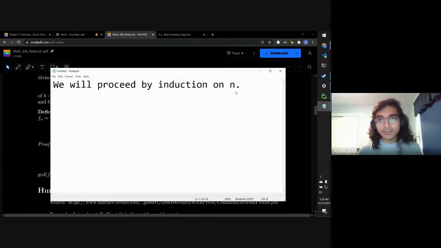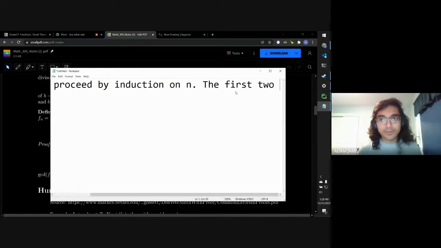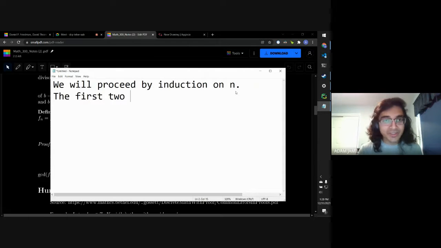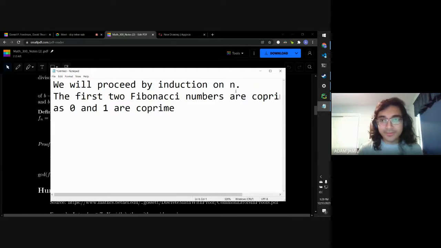The first two Fibonacci numbers are coprime, as 0 and 1 are coprime.